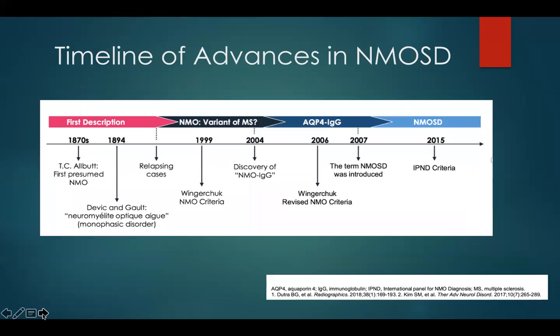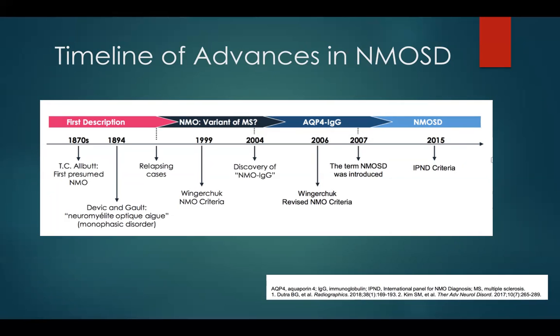So this is a timeline of NMO. The NMO criteria were first described by Wingerchuk at Mayo in 1999, and this helped separate NMOSD from MS. It highlighted the core clinical characteristics of longitudinally extensive transverse myelitis and severe optic neuritis.